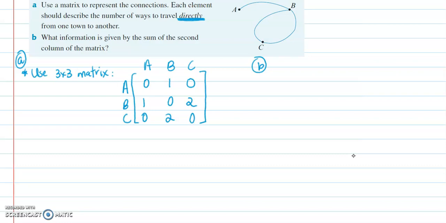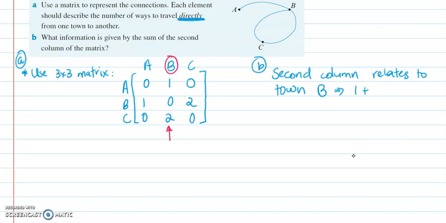The second column of the matrix is over here, and that relates to town B. So all the elements in that second column relate to town B, and it talks about all the different ways. The elements are 1 plus 0 plus 2, which gives us 3.